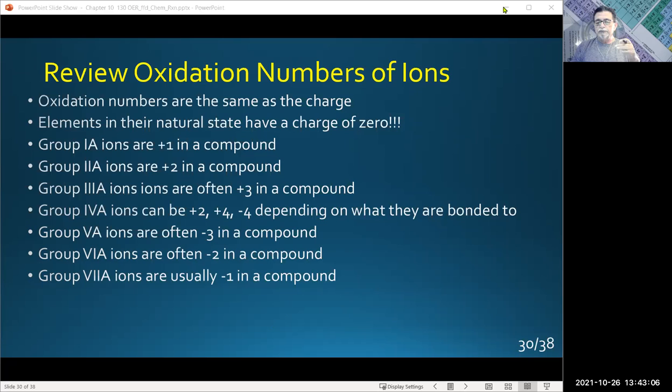Along with that is a tool to help you out: when we get to group 5, 6, and 7, that also tells you how many bonds that particular element can have. For example, nitrogen is in group 5. When it becomes nitride, it will pick up 3 electrons.